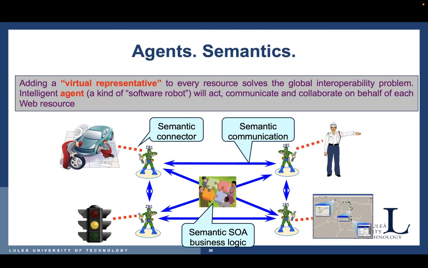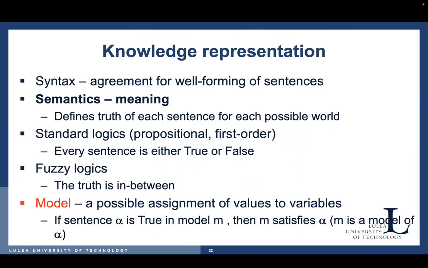So here already on this slide, we meet this word semantic. Semantic is a little bit of a complex term, I think, because previously we used the word semantic in a rather restricted sense.